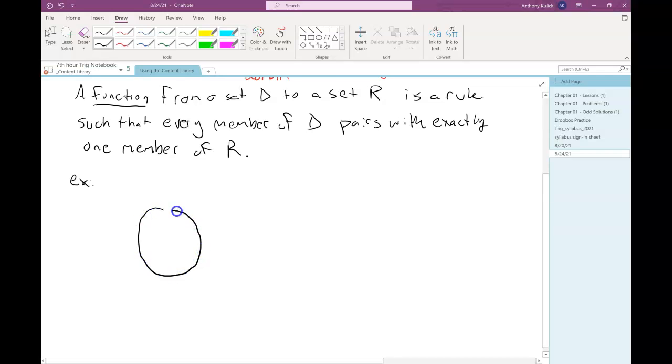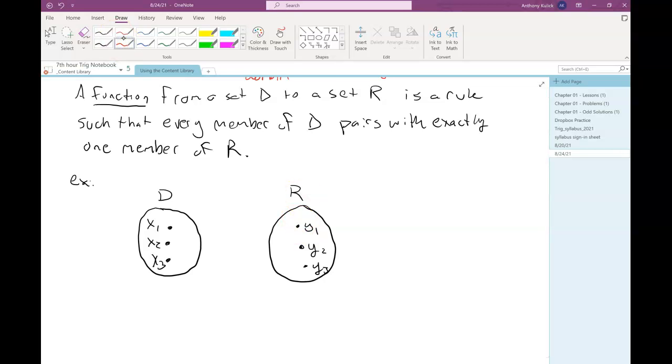So when we draw a mapping diagram, typically we draw two circles, one representing the set D and the other representing the set R. And we usually put a couple of points inside the circles representing the members of that set. More often than not, those members would be numbers. I'm going to write generically, though, I'm just going to label them as x1, x2, x3, and y1, y2, y3.